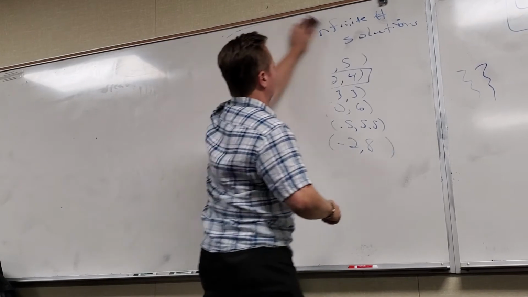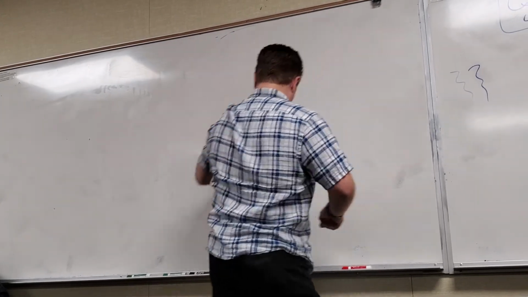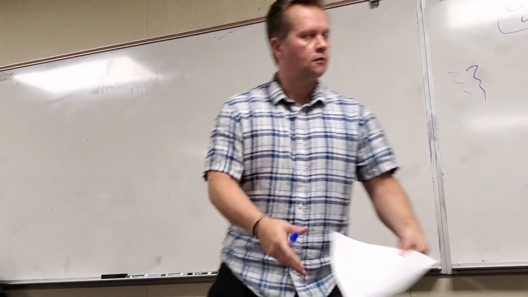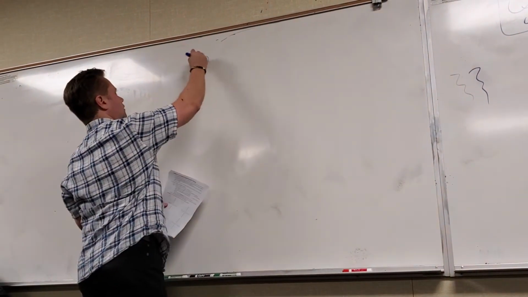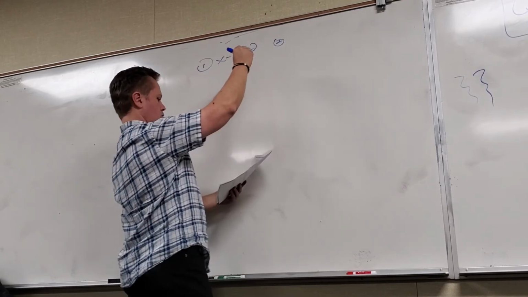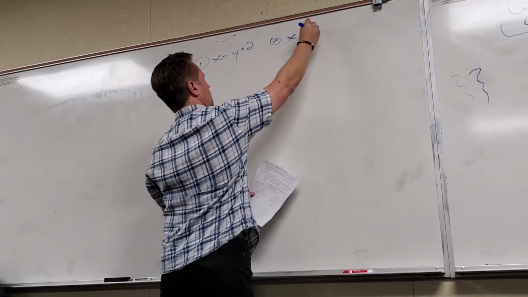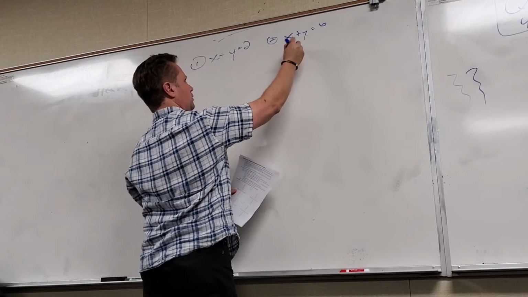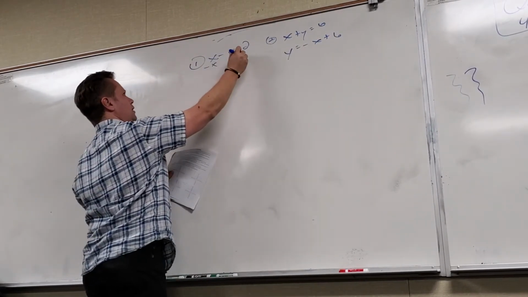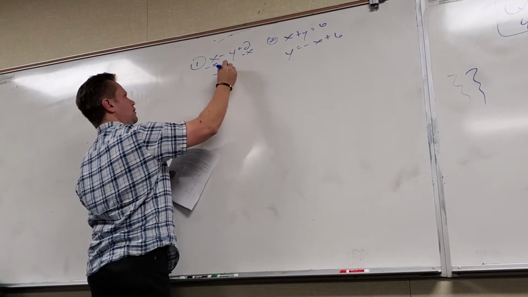All right, let's try that first one. The first one's a lot like the one we just did. This is the same as what we did earlier. Subtract x, bam. Doing this the non-shortcut way would look like this.